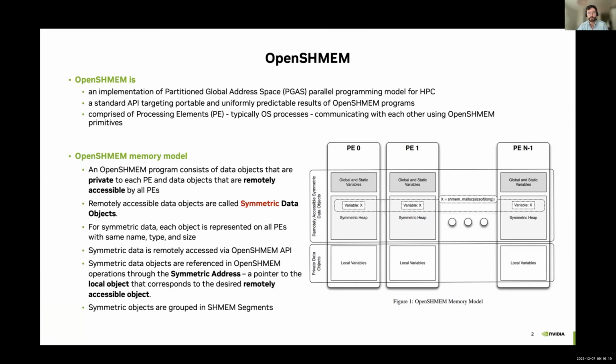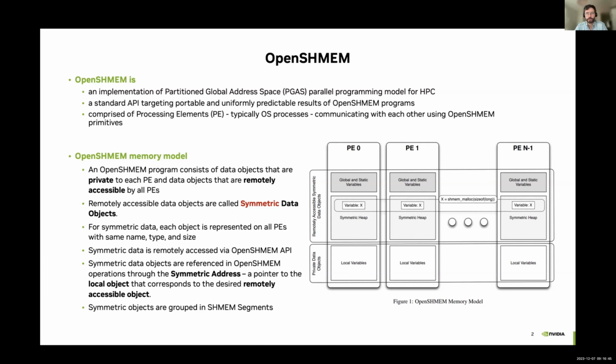So please remember that it's not a rank, but it has basically the same meaning. Typically a PE is an operating system process, and the PEs communicate with each other using OpenSHMEM primitives. That's similar to what MPI defines from that perspective.